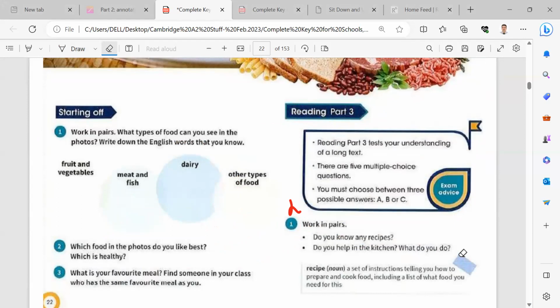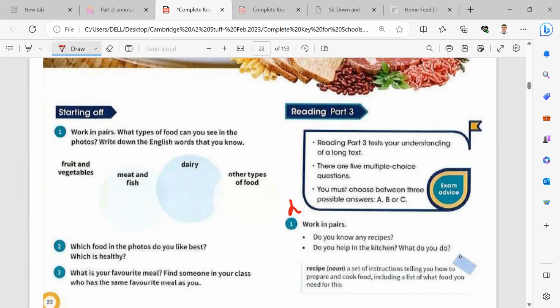Test your understanding of a long text. There are 5 multiple choice questions. You must choose between 3 possible answers: A, B, or C.